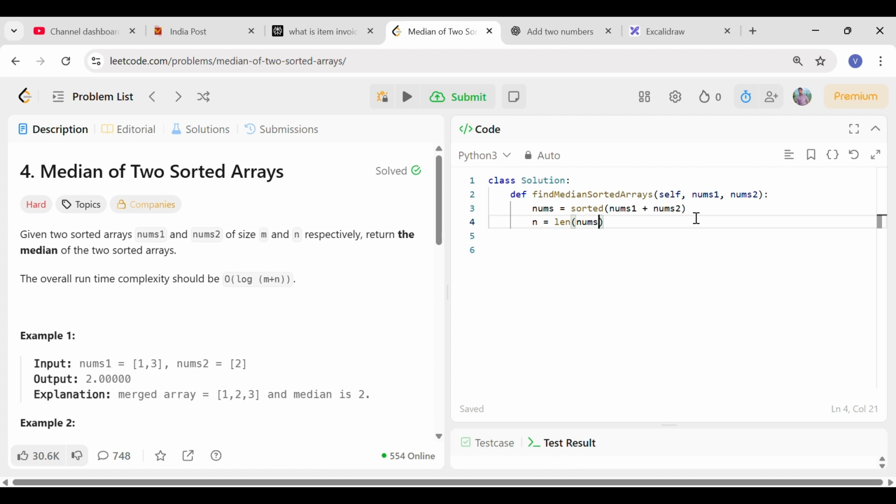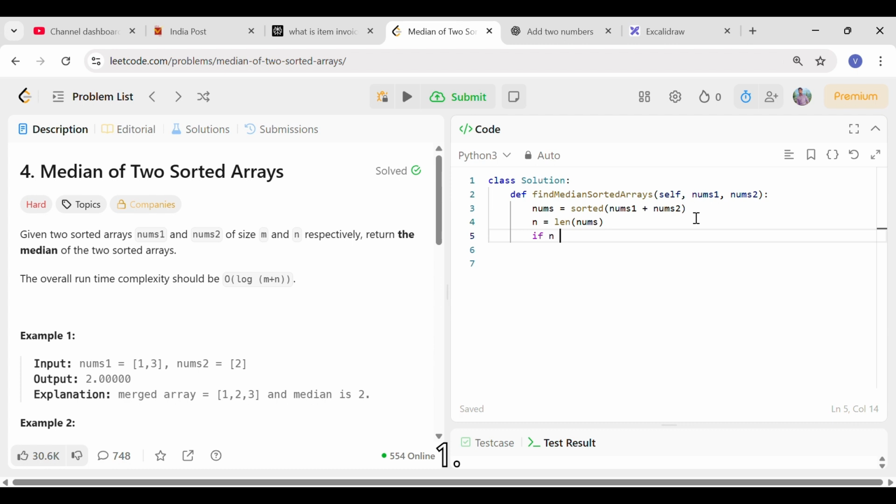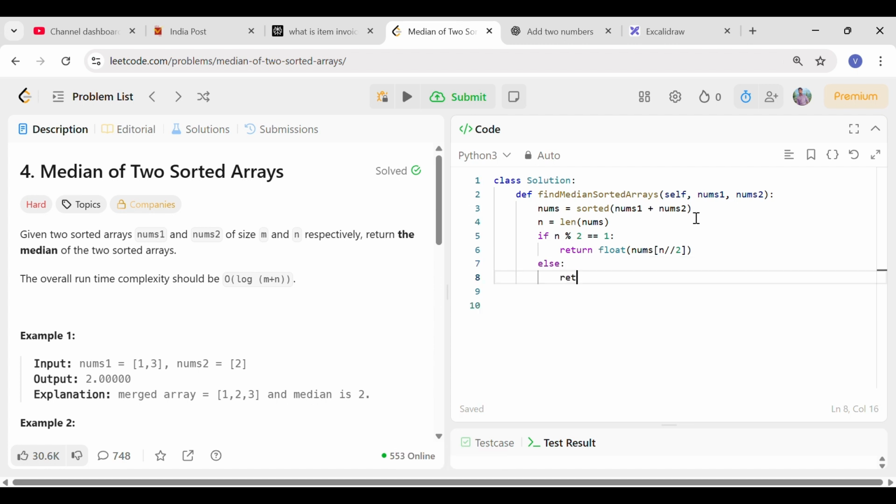And I can write if n modulo 2 equal to 1, return float of nums of n divided by 2. Else return nums.